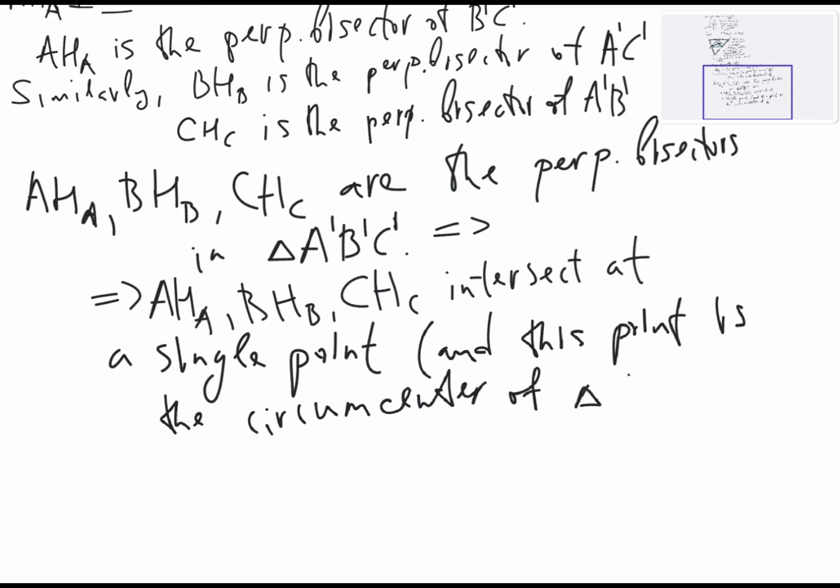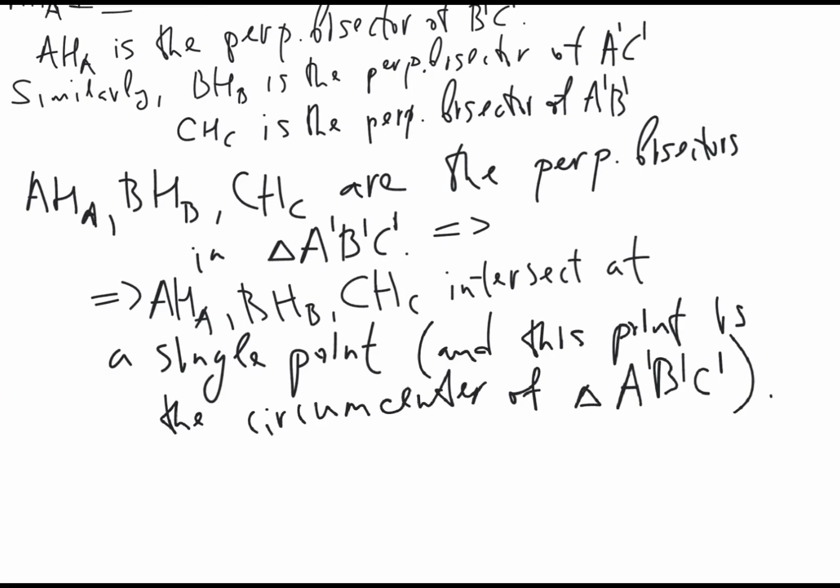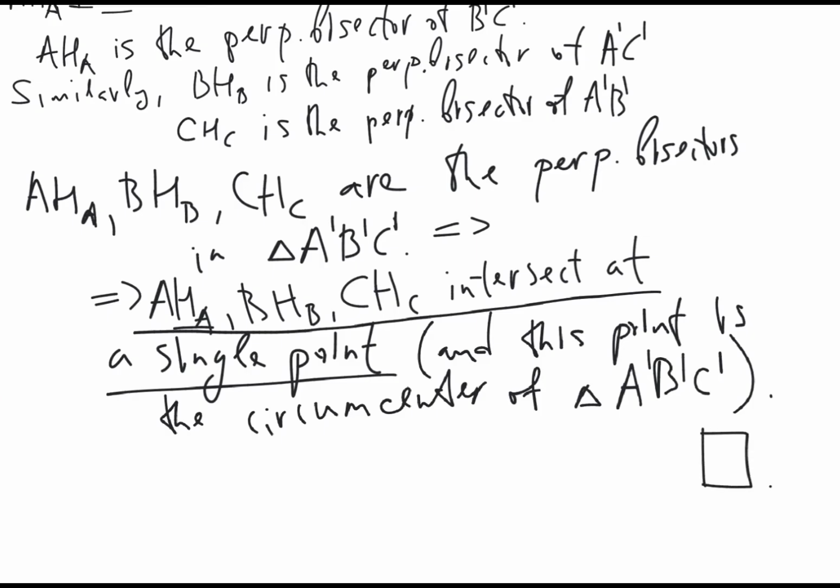But this last part is irrelevant for what we need to prove; the main point is that they do intersect at a single point. That's what we needed to prove. And this point is now called the orthocenter of the triangle ABC. So that's it for this video.